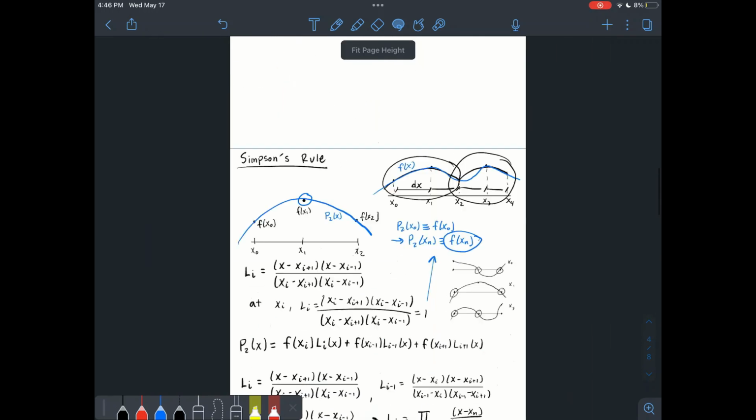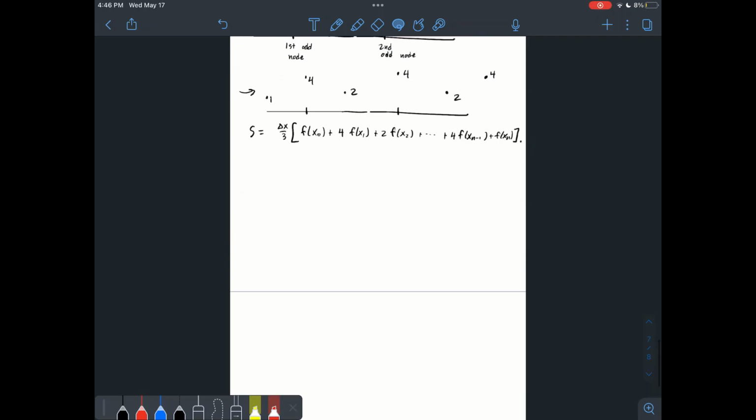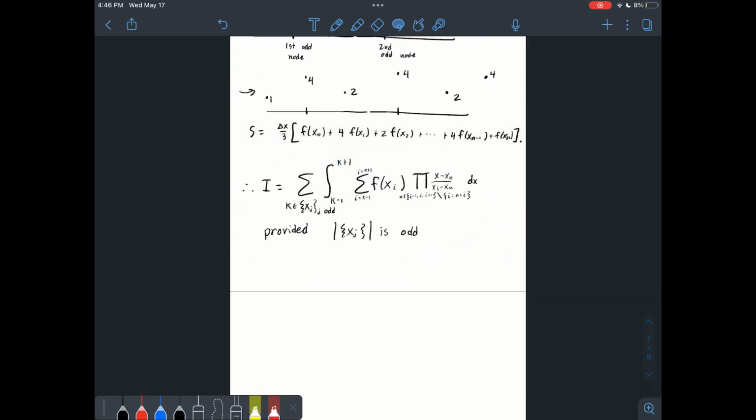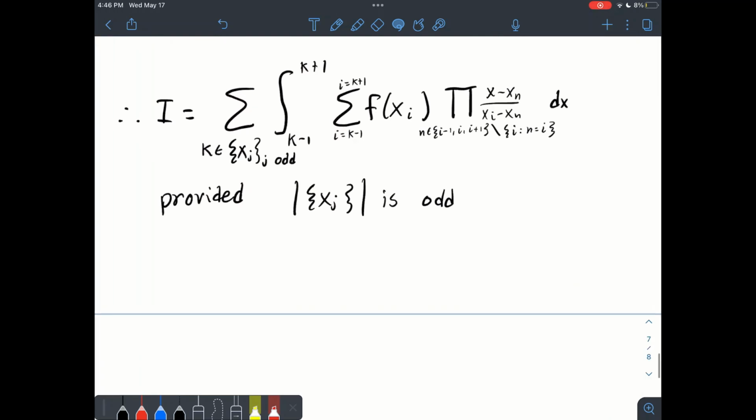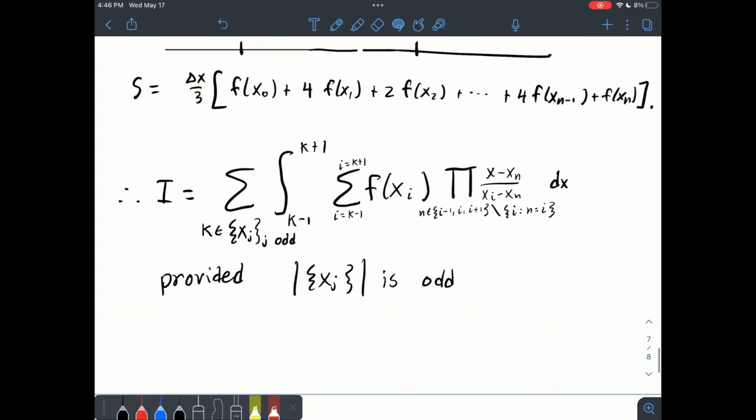And I'll explain this. So if we want to really be general for some reason, we can write it like this. So this goes all the way back to the very beginning of the video. What we did was we started by creating these basis polynomials right here, right? So we have the values are 1 at the node value and 0 everywhere else. So that means that we can scale them by the function value.